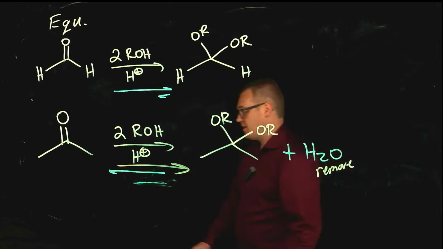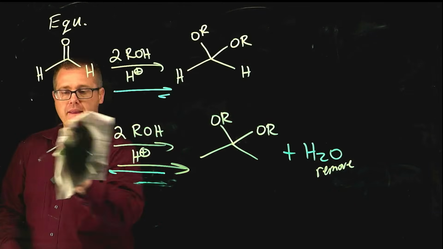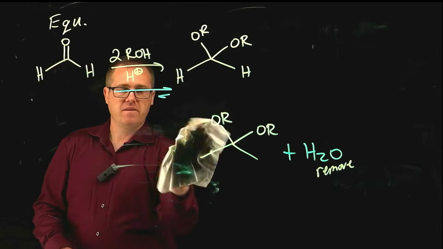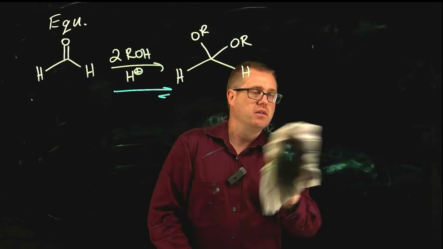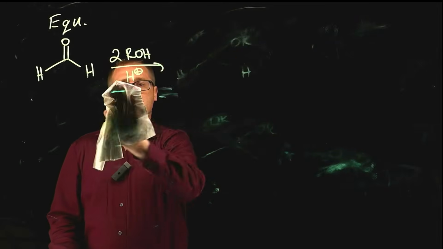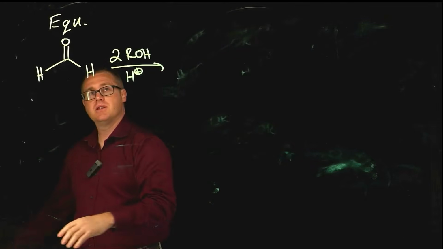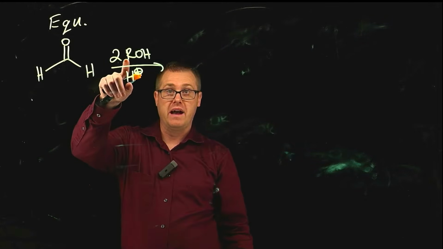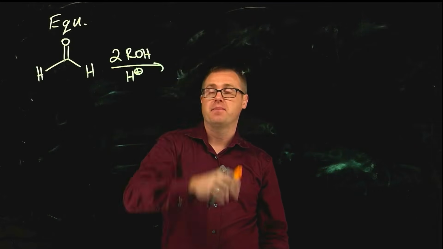Now this next little bit is really cool, where we can use diols. Look at this. Normally, under normal conditions, we use 2 moles of alcohol to form the acetal, right?